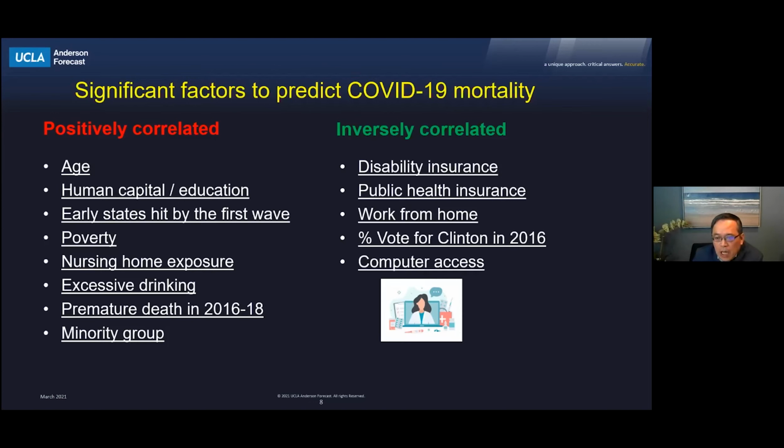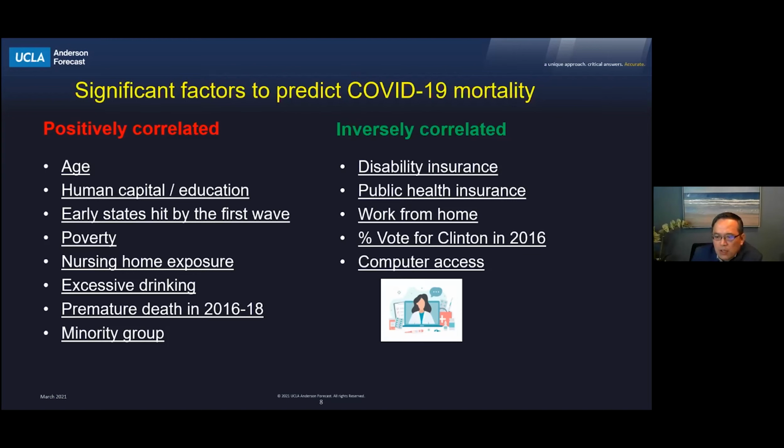And finally, computer access. So this is a very interesting finding as well. So what I have shown you so far are more or less consistent with the recent literature and study. But this is a new variable. I find a county with more access to computer or broadband or internet has a lower mortality rate. Why?